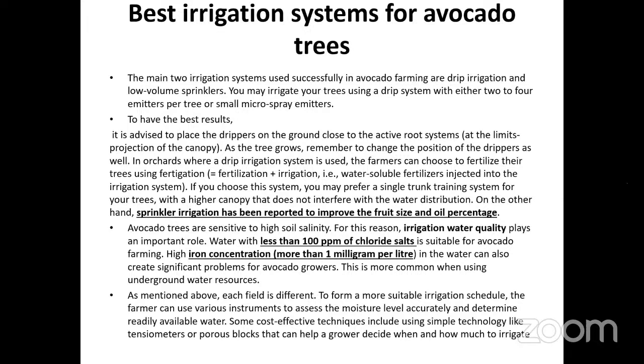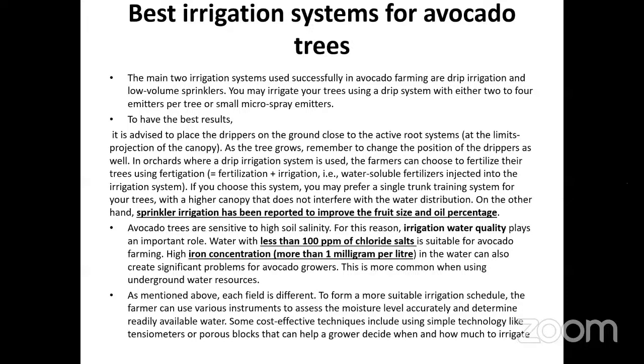Last point, I just wanted to mention that, of course, the avocado tree is sensitive to salinity, and less than 100 parts per million of chloride salts is suitable for avocado farming. And be careful also, because most of us in Zambia pump the water from boreholes, underground water.